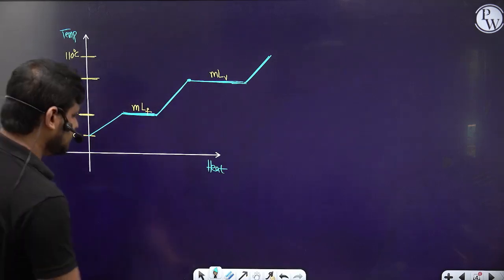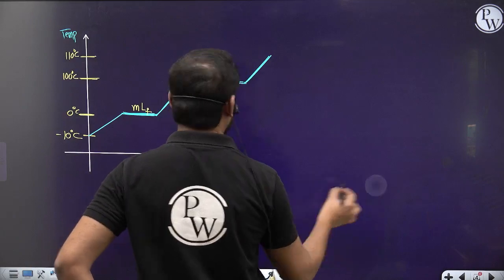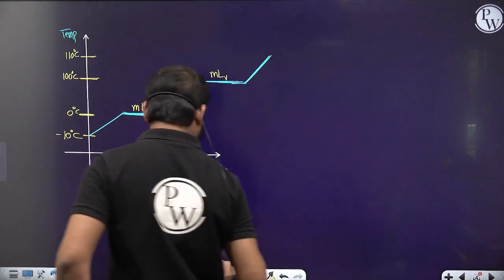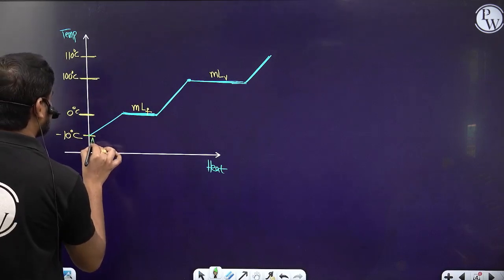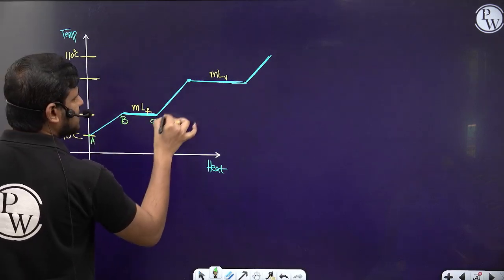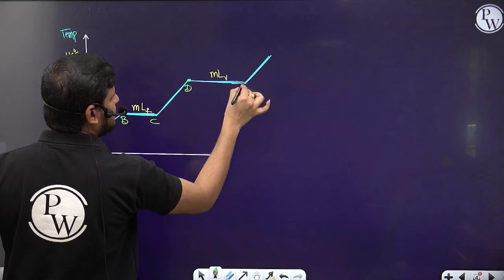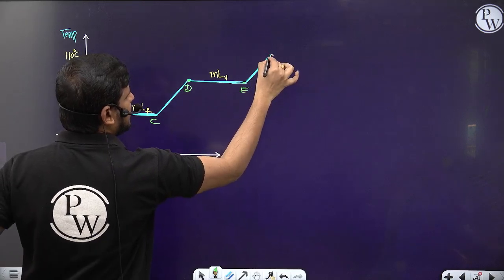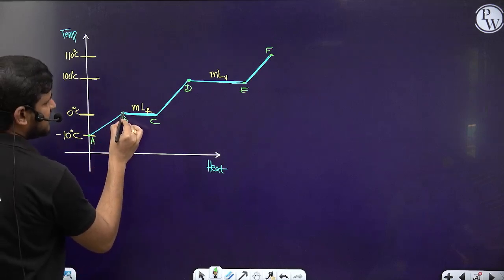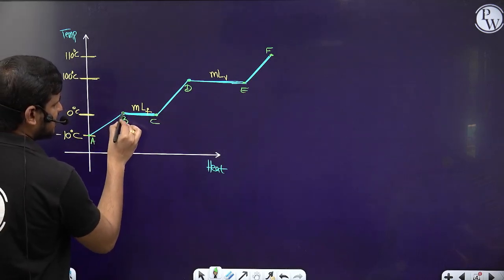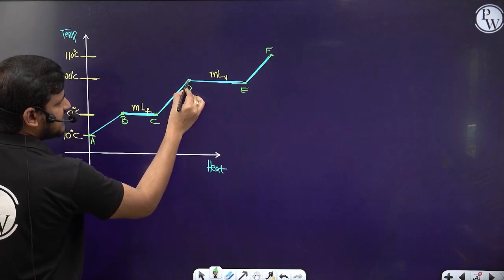So in this heat curve, let's name these points. Let me consider this is point A, then point B, point C, point D, point E, and point F. Now here to here the state change occurs, but the heat supplied here will be less than that of here.